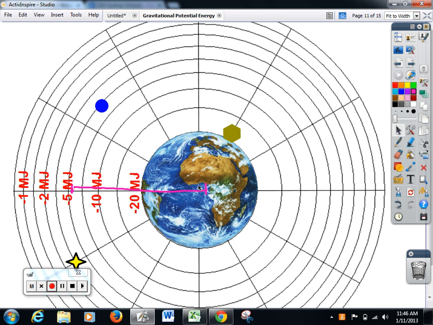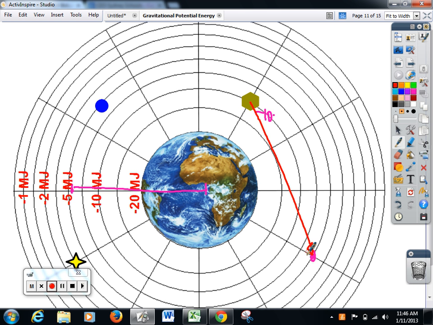Now, how much energy has that one got? That one there has got minus 10. Now, how much energy is needed to move it from here to there?